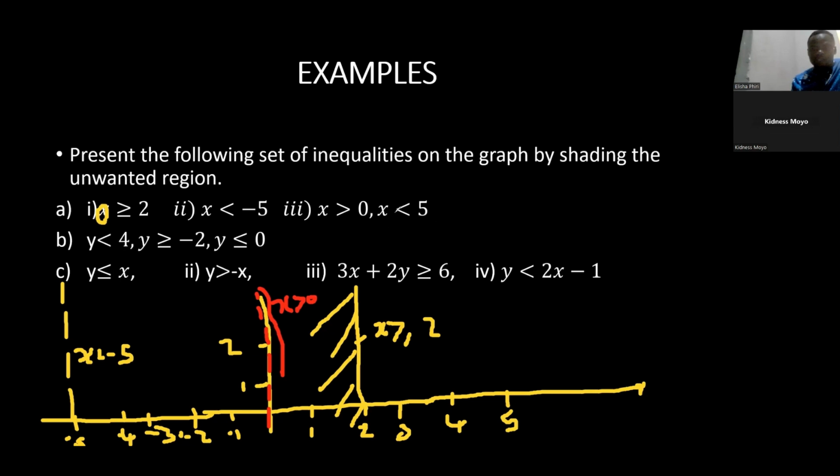Then we move on to the last one, that is x is less than 5. But there's one thing I haven't done here. Which side am I going to shade when x is greater than 0?